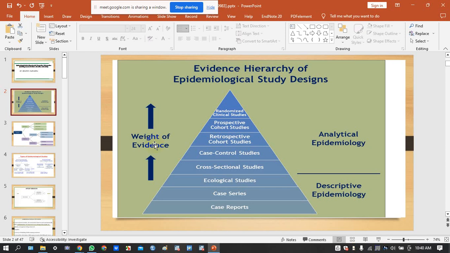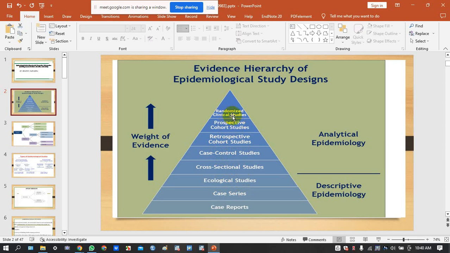So you have to choose among any of these study designs. The study designs are case reports, case series, ecological studies, cross-sectional studies, case control studies, retrospective cohort studies, and prospective studies. Prospective is the same as longitudinal study.